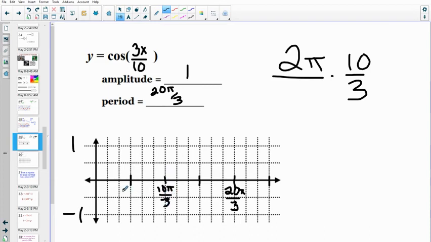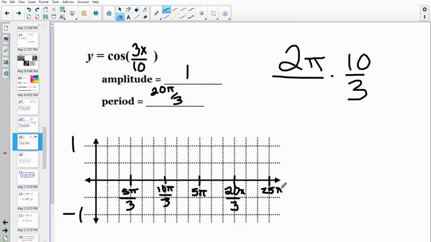And half of that would be 5 pi over 3. And so my graph, the way that I've got it labeled, the way I'm laying things out, I'm counting by 5 pi's over 3. So 5 pi over 3, then 10 pi over 3, then 15 pi over 3. But of course, 15 pi over 3 reduces. 15 pi over 3, let's see, would be 5 pi over 1. And then we've got 20 pi over 3, and then 25 pi over 3 for my last one.